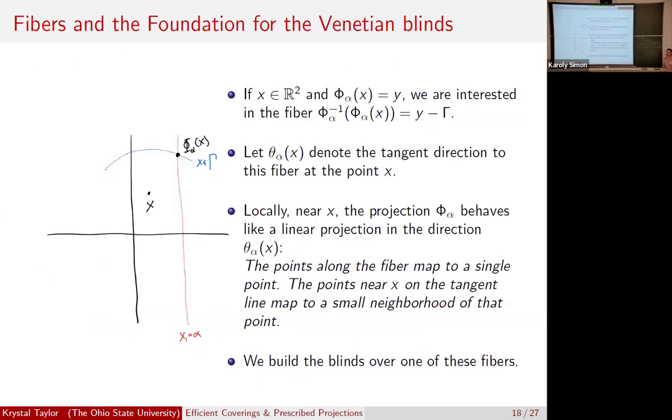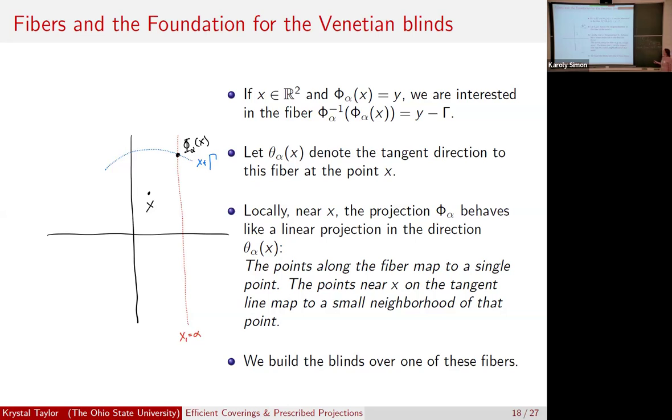If we want to control the projections, we first need to understand how these projections work. The fibers for orthogonal projections are lines. I'm projecting, say, onto this thing, and I know all the points along this line will get projected to the same point. So what are the fibers in our situation? The fibers are just translates of our negative gamma, where gamma is our curve.